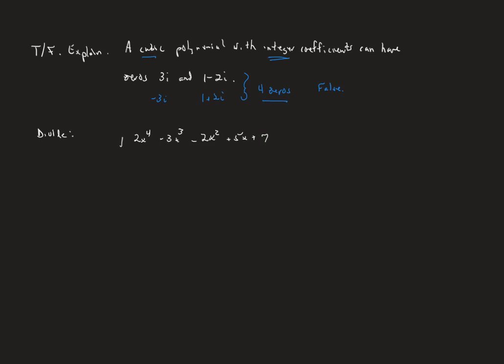We got all the powers represented, so I don't need to fill in with any zeros. And we're going to divide this by a quadratic, x squared minus 2x minus 3.